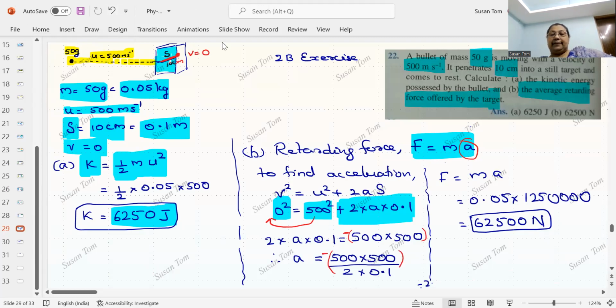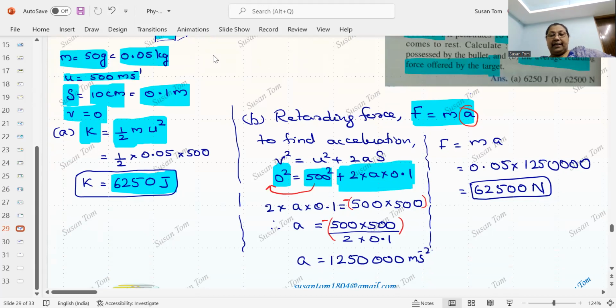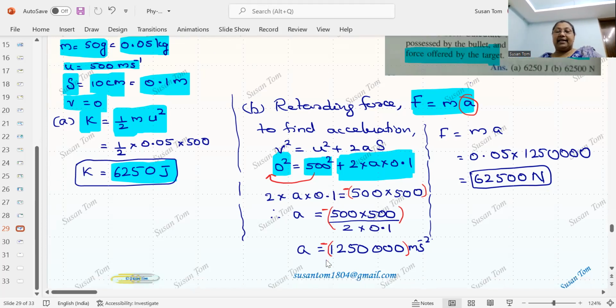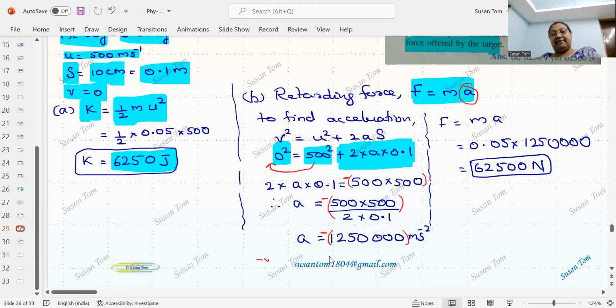On solving, you get a equal to minus 12,50,000 meter per second square. So a is negative, which means there is a retardation; the negative sign shows a retardation.